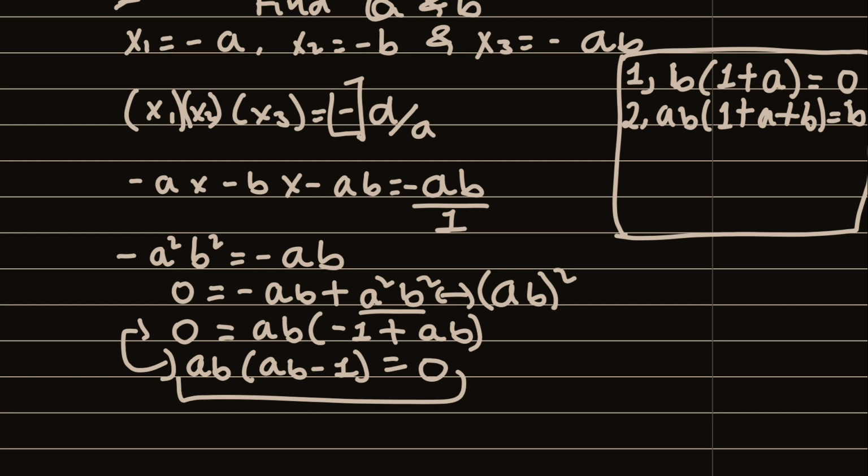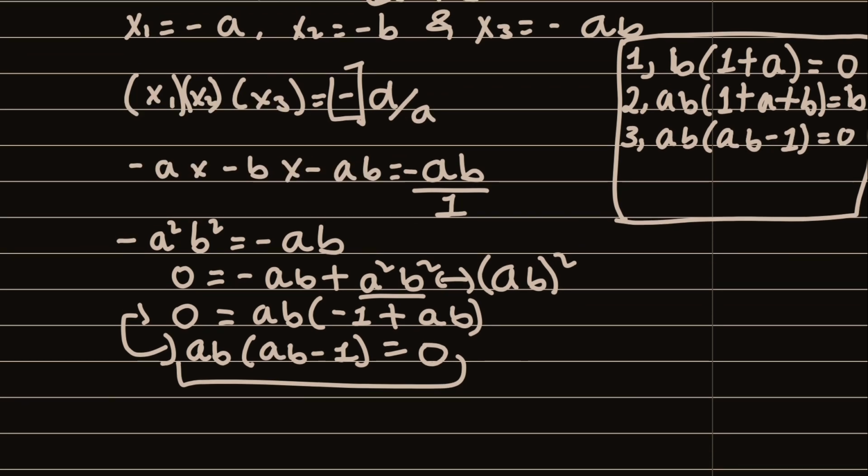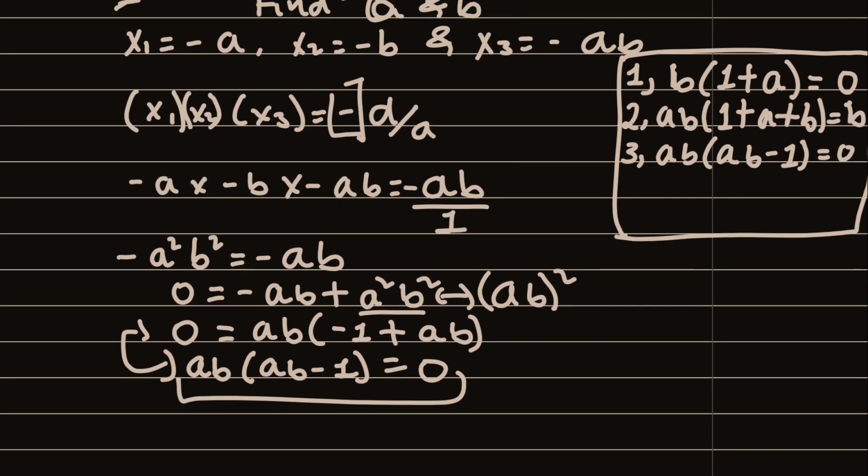So let's put our formula in our box: ab times ab minus 1 equals to 0. Okay, very great. Now let's erase this part and continue.